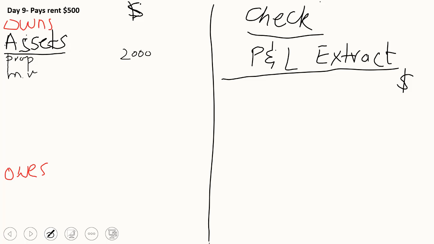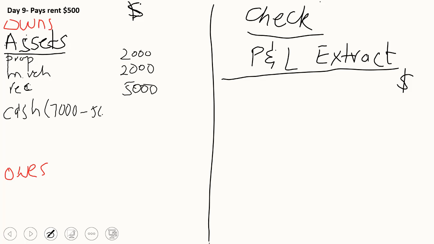Motor vehicle, same, 2,000. Receivables, same, no effect on receivables, 5,000. Cash. Now business has paid $500 rent. So cash has gone down by 500.